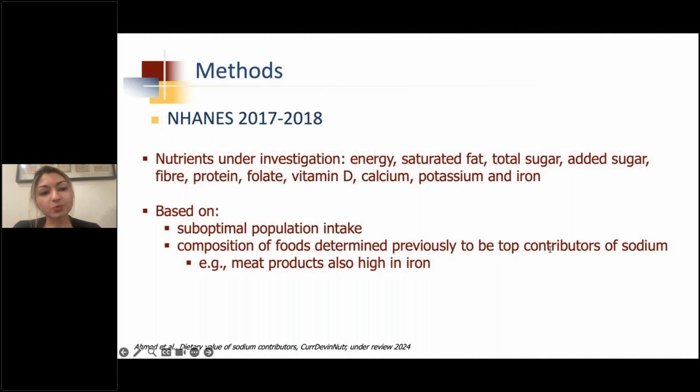So in this case, we investigated the following nutrients, including energy, saturated fat, total and added sugar, fiber, protein, folate, vitamin D, calcium, potassium, and iron. And we also used a population ratio approach to do so for this particular analysis.